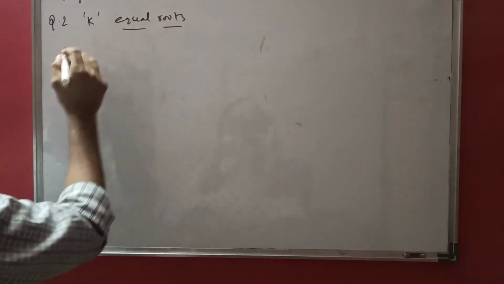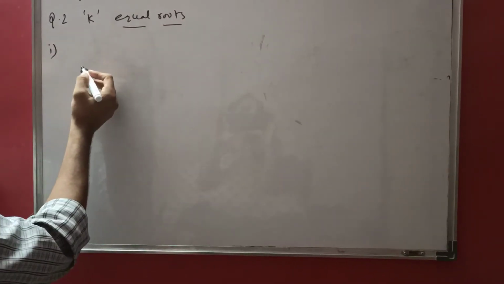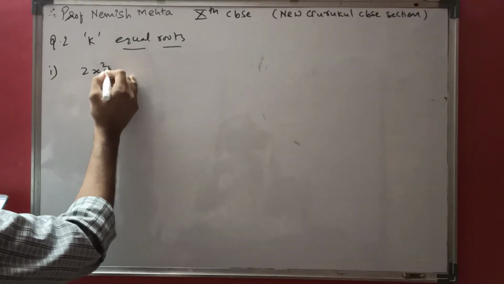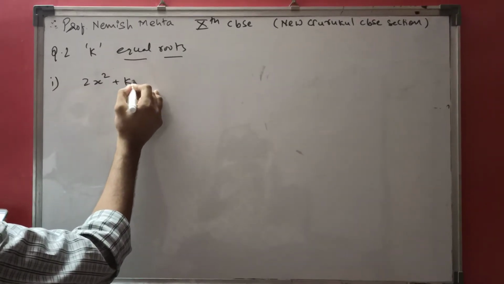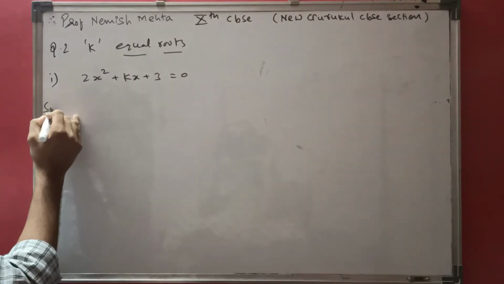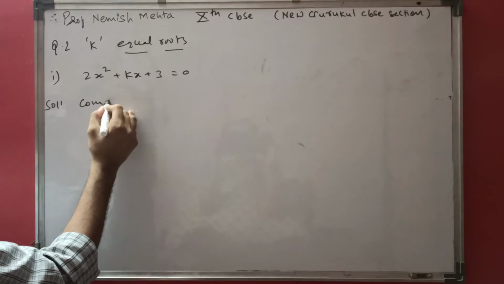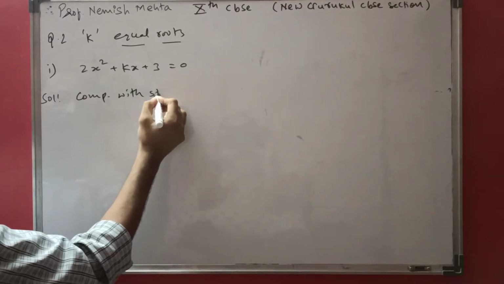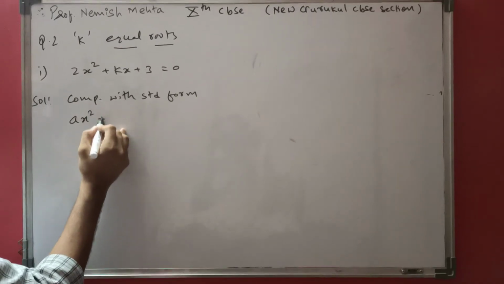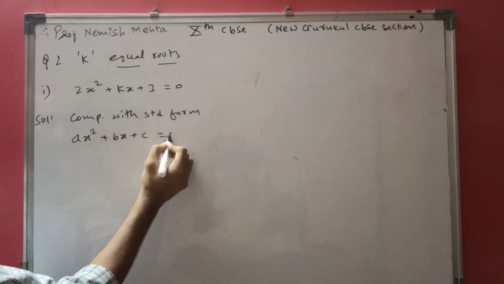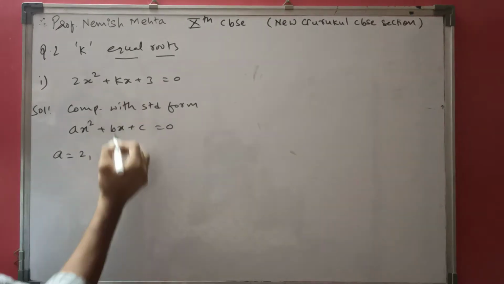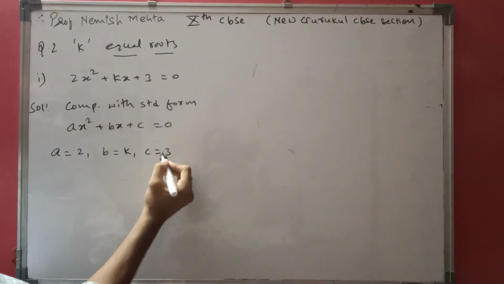It is already given they have equal roots. We have to find out k. In this there are two sub questions. We'll solve both. 2x square plus kx plus 3 equals to 0. Again same condition, comparing with standard form, ax square plus bx plus c equals to 0. a equals to 2, b equals to k, c equals to 3.